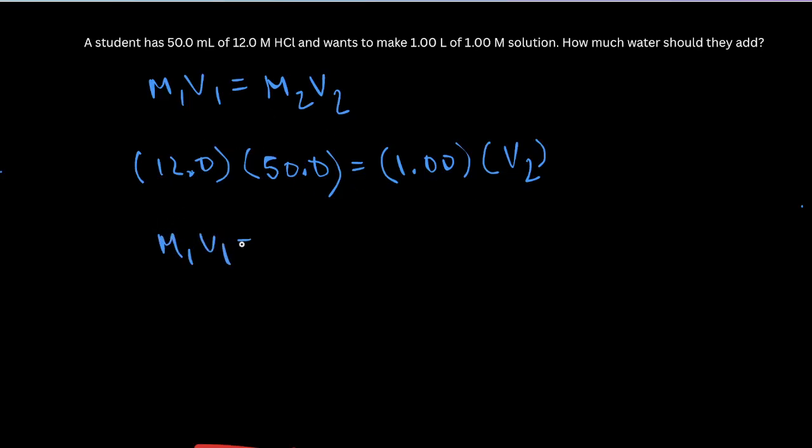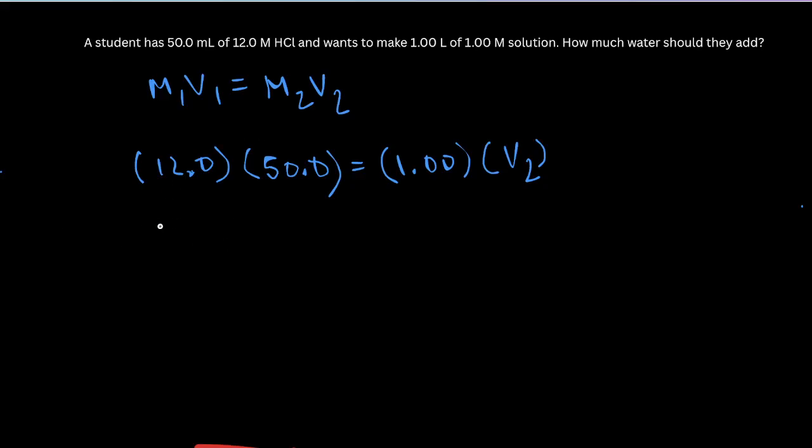Well, if we want to get V2 by itself, we divide both sides by M2. Canceling M2 on that side gives us that our V2 is going to be M1V1 over M2. Right? That makes sense.